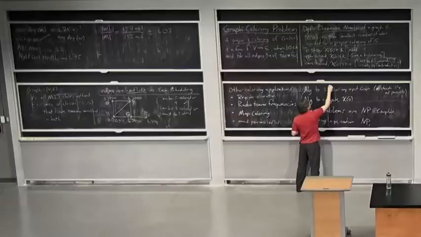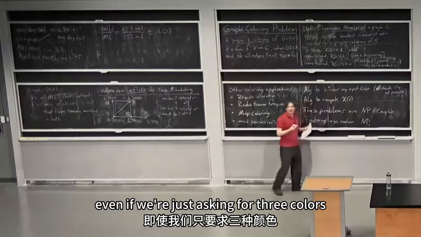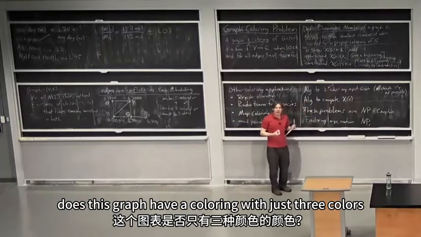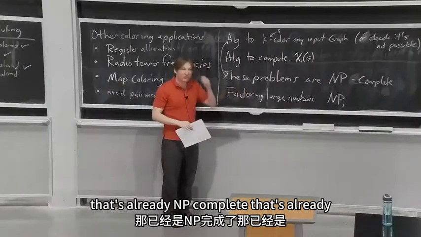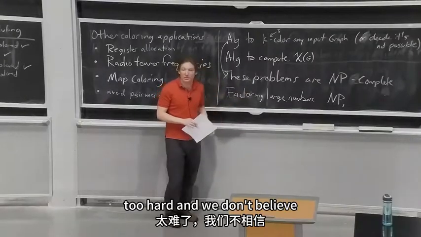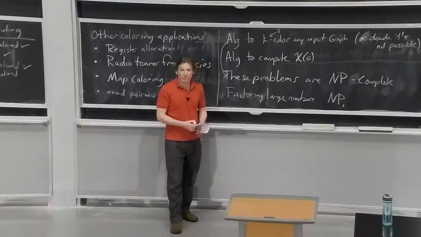Also, by the way, even if we're just asking for 3 colors, does this graph have a coloring with just 3 colors? That's already NP complete. That's already too hard, and we don't believe there's going to be an efficient algorithm for it.